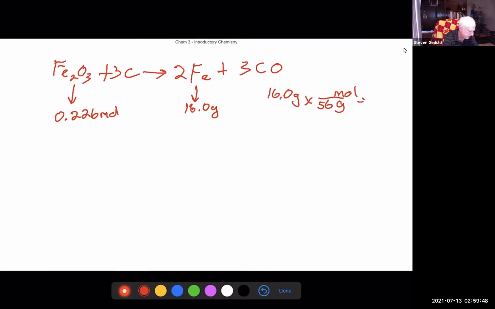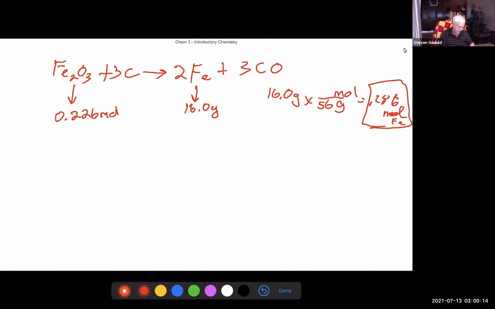I want 16, get the numbers right, divided by 56 equals 0.286. Okay. So 0.286 moles of iron is your actual yield.